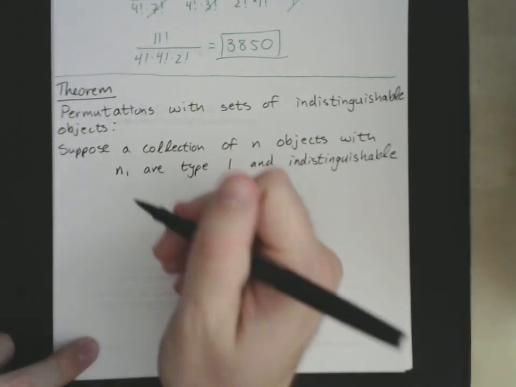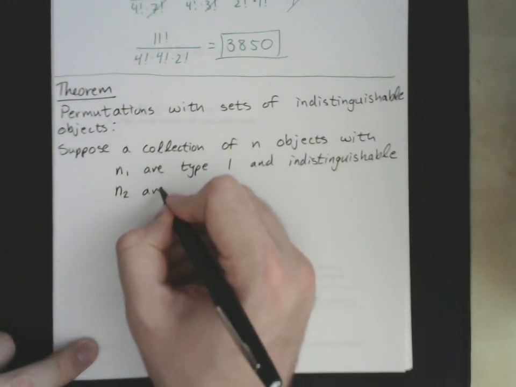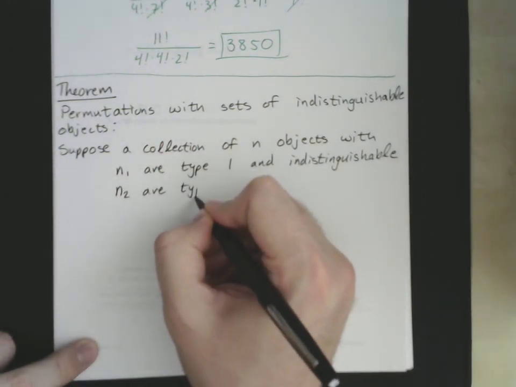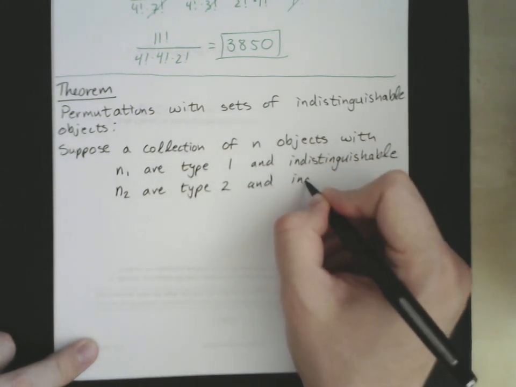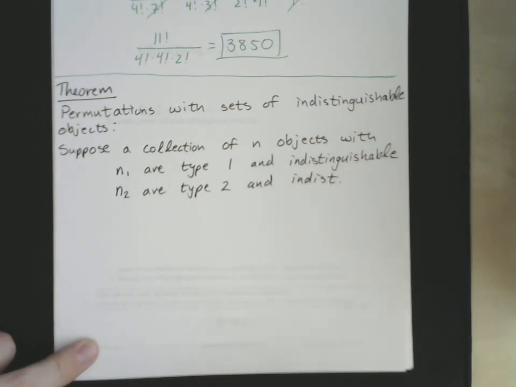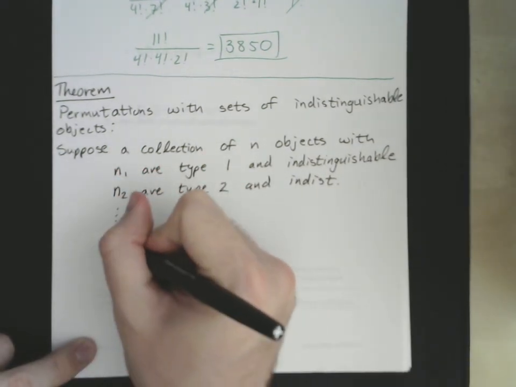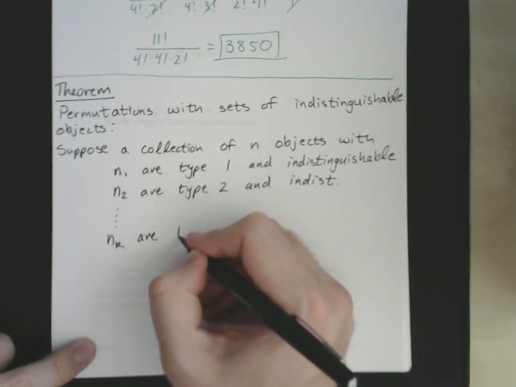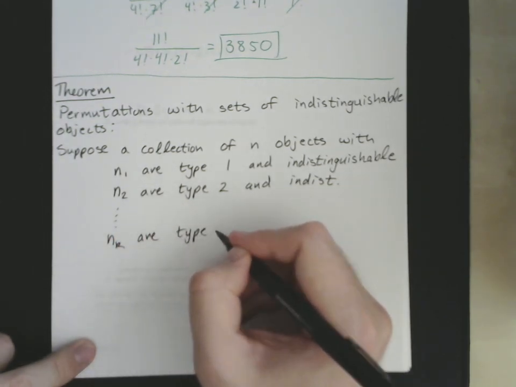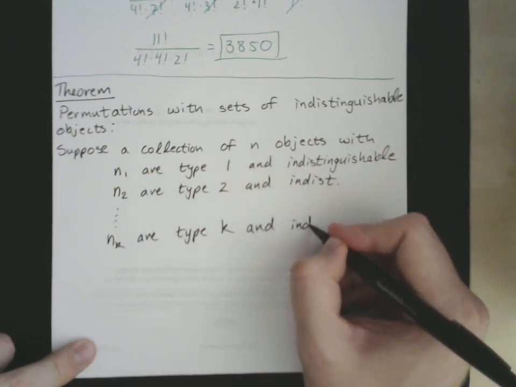you know, for as lazy as I am, I think I'd have a better abbreviation for indistinguishable. n2 are type 2 and indistinguishable, I'm going to abbreviate that way. And this continues on. You keep counting your n sub k are type k and indistinguishable.